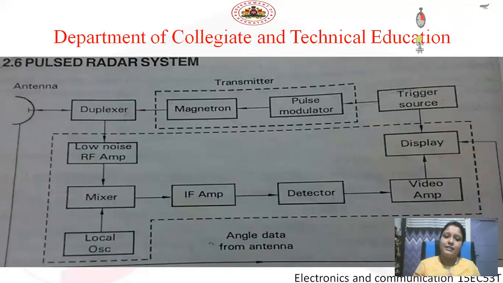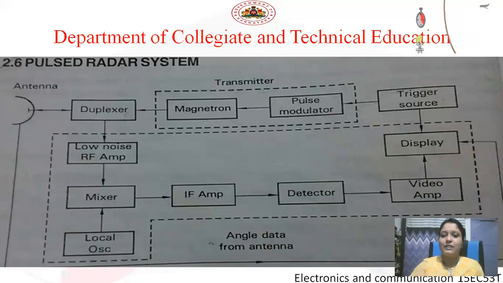Now the explanation starting from the transmitter. As the name indicates, it is the pulsed radar, therefore we have to transmit the signal in the form of pulses. In the transmitter section, we have the magnetron, which generates the microwave frequencies, the very high frequency signals. The signals which are generated, we need to transmit in the form of pulses.